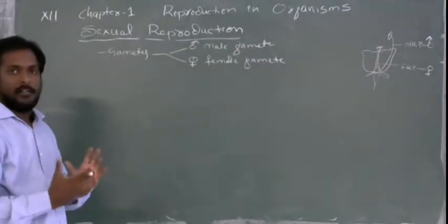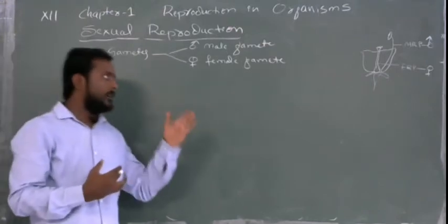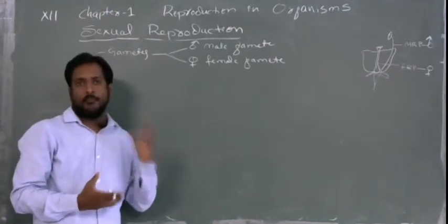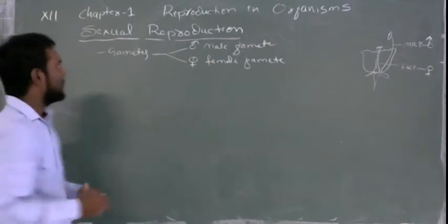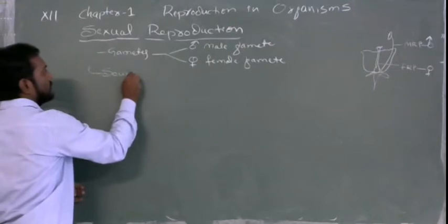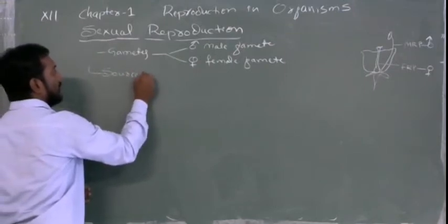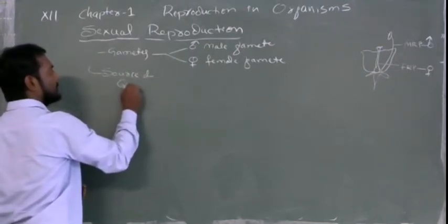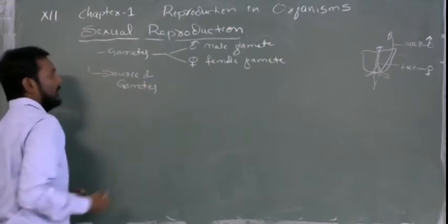Another question will be there, how will these gametes be? If you see the diagram, in the flower both are there within the same. So, this is one case. You have to write the source of gametes. It will be of two types.